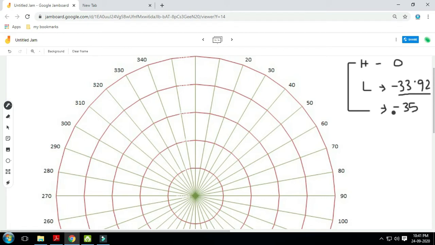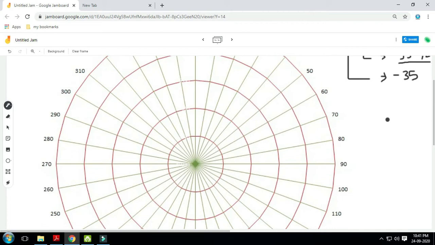Now as I have scaled it, this is highest and this is lowest range. So I just make a difference. The difference is 35 or minus 35. Now as we have 5 divisions, divide 35 by 5, you get minus 7. So 7 is your division.